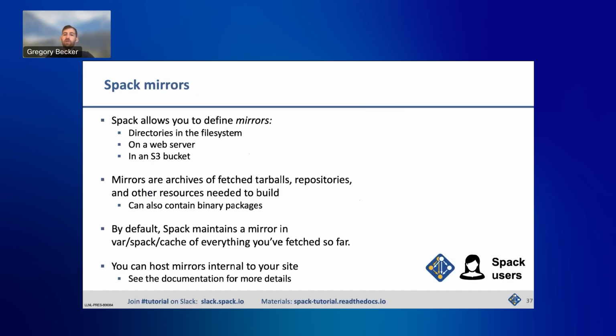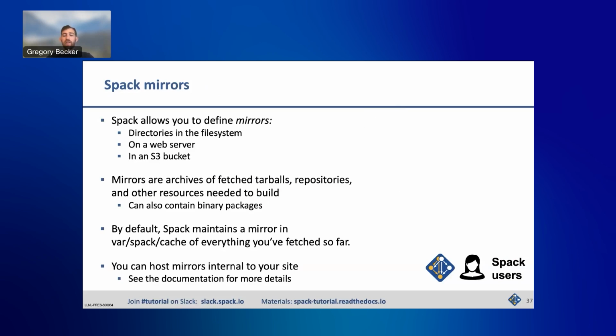Spack also allows you to define mirrors. A mirror is a directory or other source with local information on either the source or binaries available in Spack. So in the basics section of the tutorial, we configured a mirror and we didn't talk about it too much. We'll talk a lot more about mirrors tomorrow.